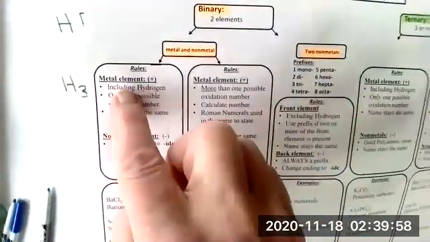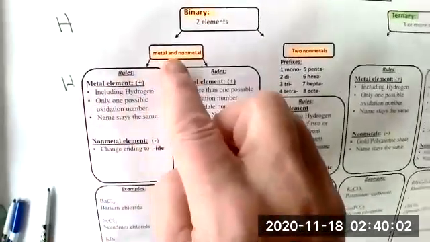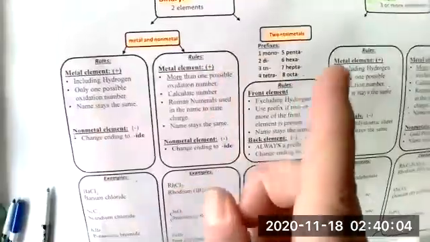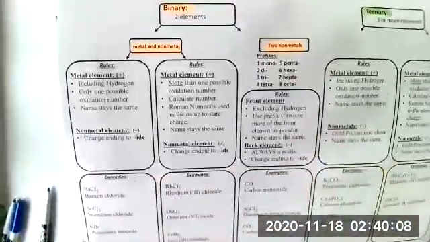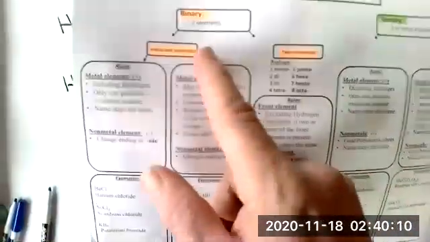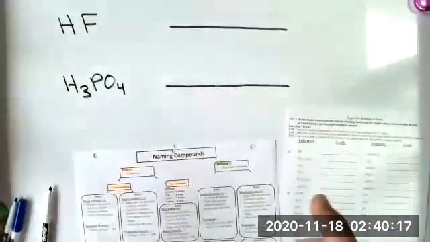So now we include hydrogen as a metal with one of these. I know it's kind of weird, but that's the behavior of hydrogen. So I'm going to include hydrogen over here, and I'm going to check it out on the table to see if he has only one possible oxidation number.